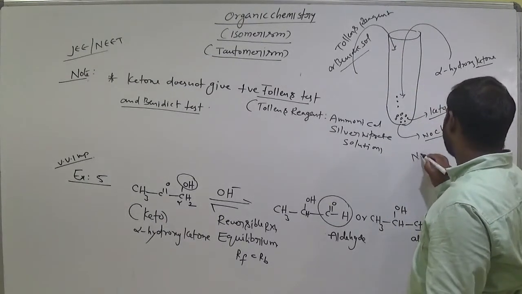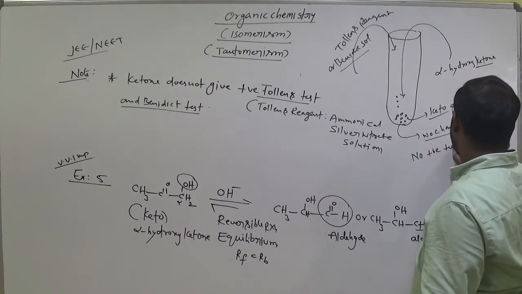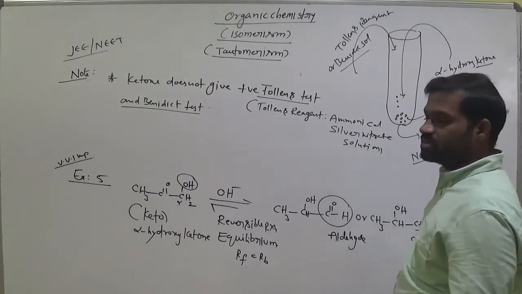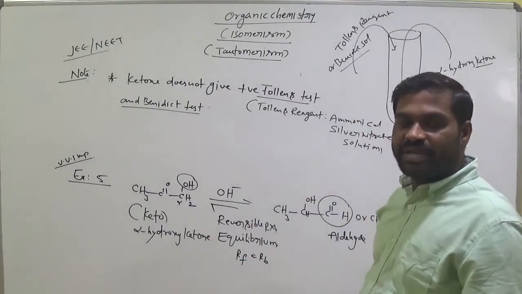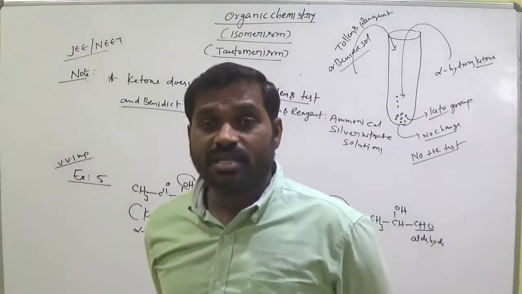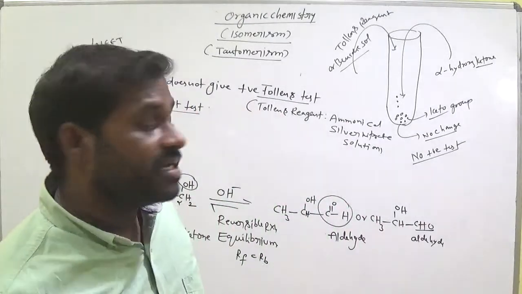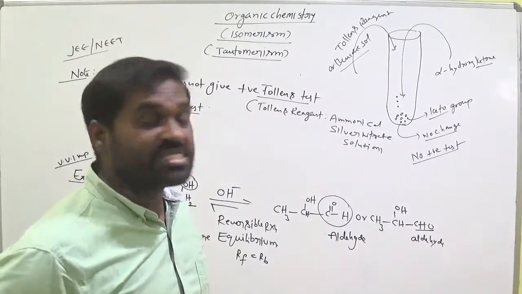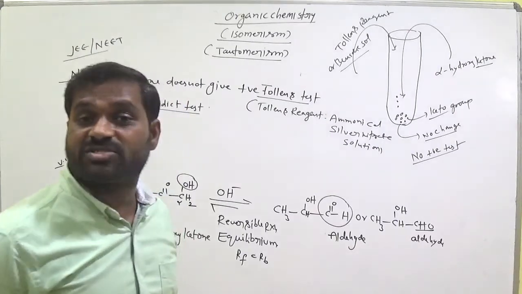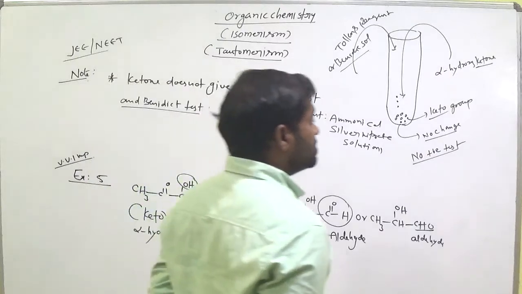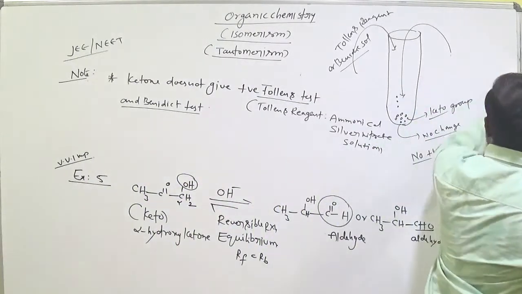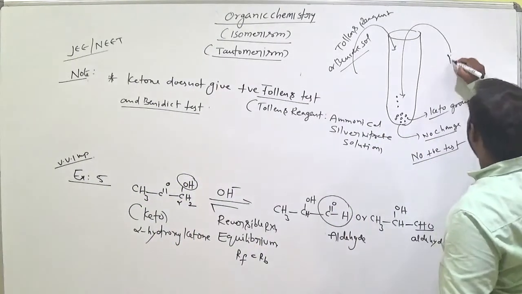No positive test. It does not give any test. That means ketones generally do not give the test with Tollens reagent or Benedict solution. Keep that in your mind. Generally keto compounds. Now is this a keto compound? Keto compound.